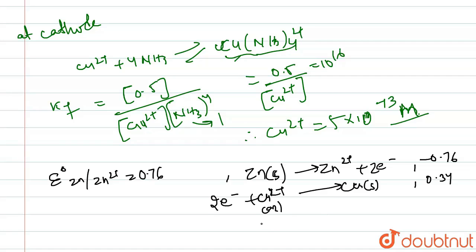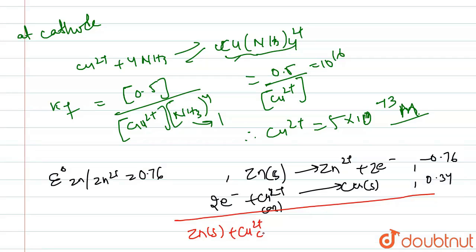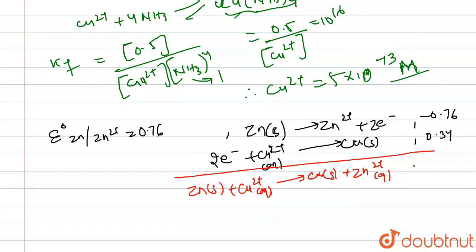From these two electrodes, the cell formed will be Zn solid plus Cu2+ aqueous, forming Cu solid plus Zn2+ aqueous.